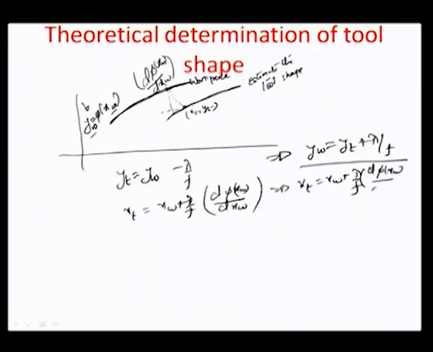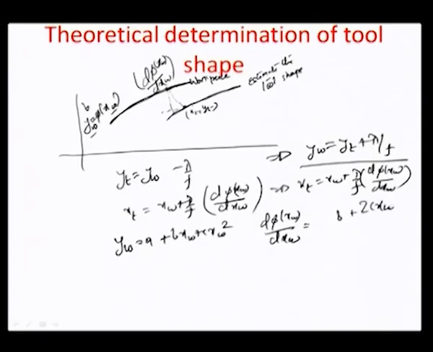So as we have already seen for the 2D case, if supposing yw was related by an equation a plus b xw plus c xw square, in that event the slope d phi xw by dxw would be b plus twice c xw, and simultaneously the final equation which would emerge would correspond to y equal to a plus bx plus cx square, and these are all tool coordinates.